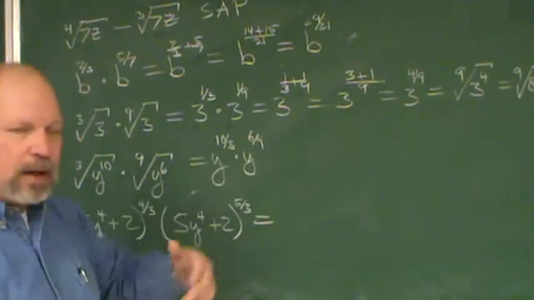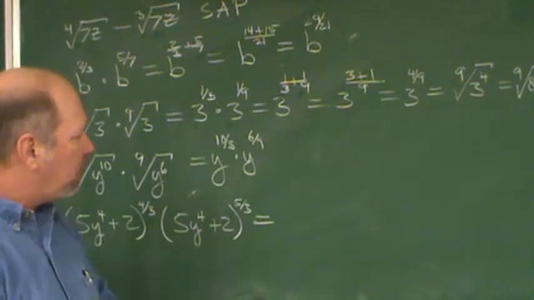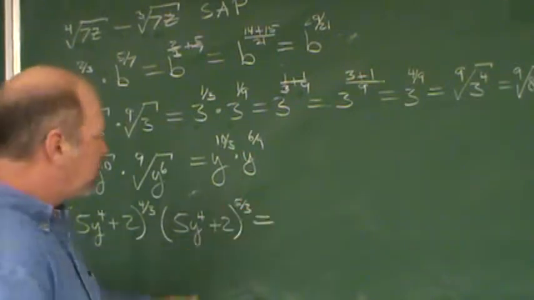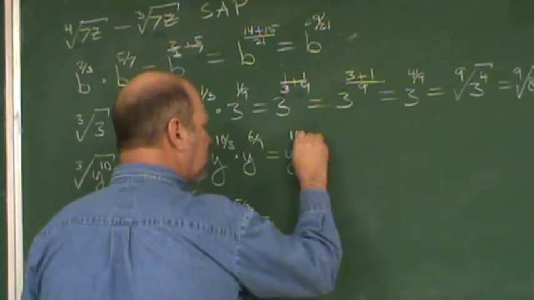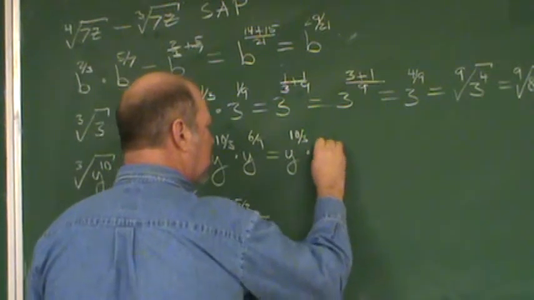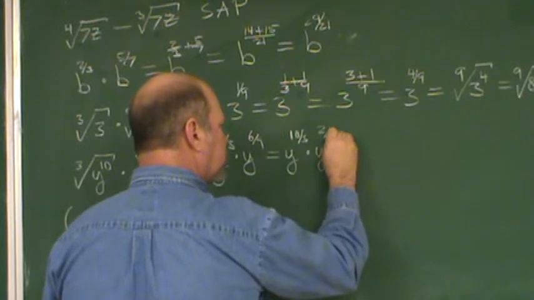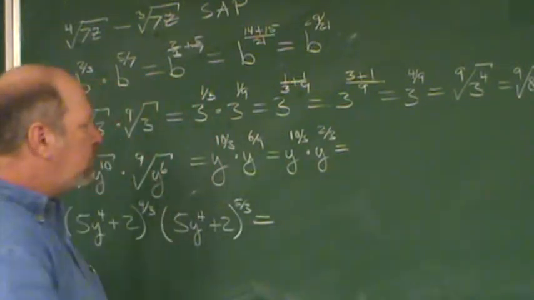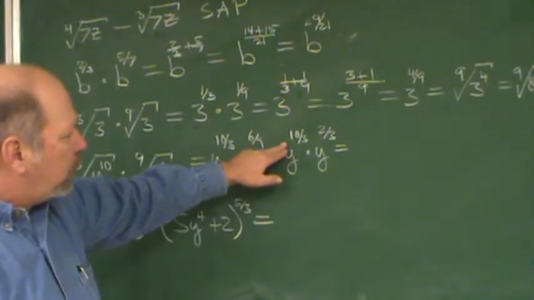But 6/9 is a proper fraction. The top is smaller than the bottom, but it's not in lowest terms. This turns into y to the 10/3, I'm just leaving it alone for the moment, times, now 6/9 in lowest terms is going to be 2/3. And in this case, they were actually nice to us, because we have a common denominator.